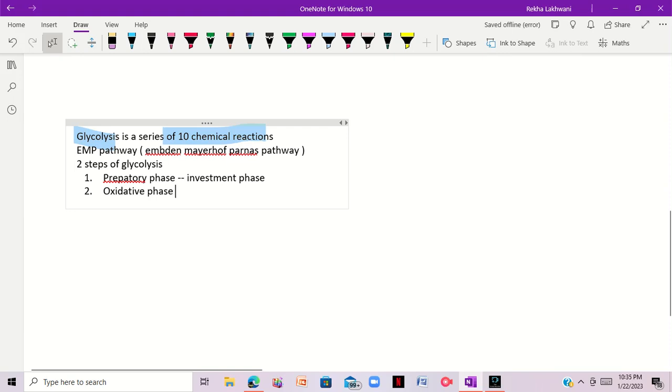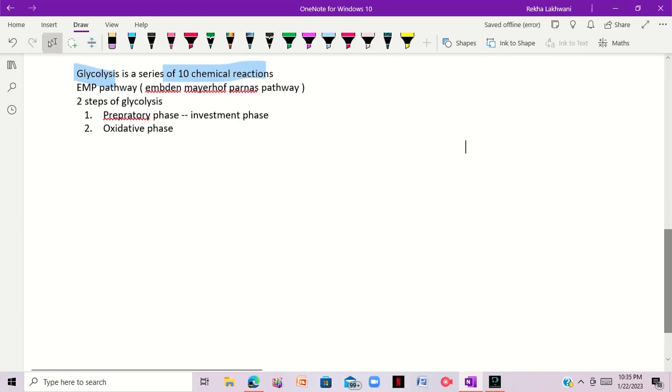So now let's start with the first step of glycolysis, the preparatory phase. Let me write here.